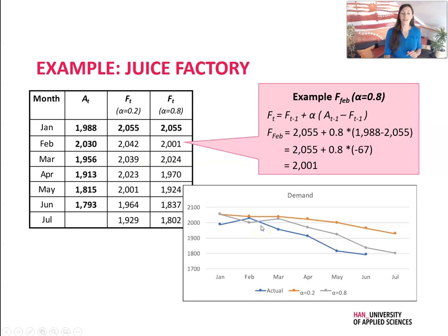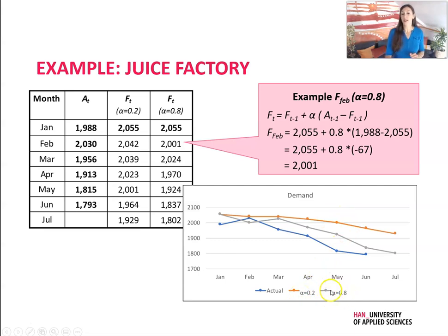As always, it is important to graph the forecast and the actual demand to understand if we are on the right track. Here the blue line is the actual demand, the first column, so what we actually sold. The orange line is the forecast using alpha of 0.2, and the gray line is our forecast using alpha of 0.8.